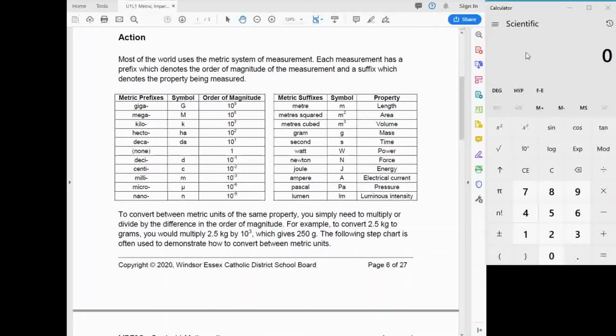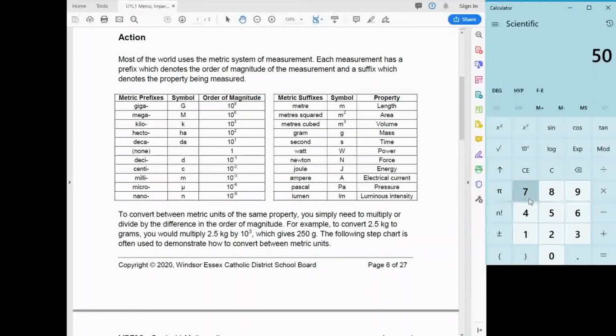So I have a calculator on the side here. Let me just give you a quick little sample. Let's say I had 50 milliseconds, and I wanted to convert that into seconds.